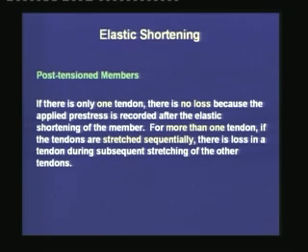In post-tension members, the phenomenon of elastic shortening is different from that in a pretension member. If there is only one tendon, then there is no loss because the applied prestress is recorded after the elastic shortening of the member.